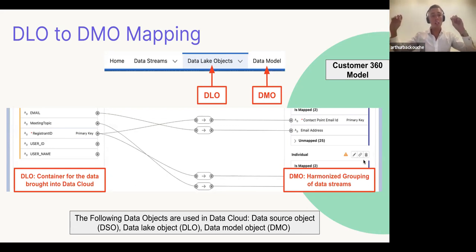When your data is in a DLO, a data lake object, it is isolated from the rest of the galaxy. You want to push your data into a DMO to connect it to the galaxy, and for that you will have to map the different fields.